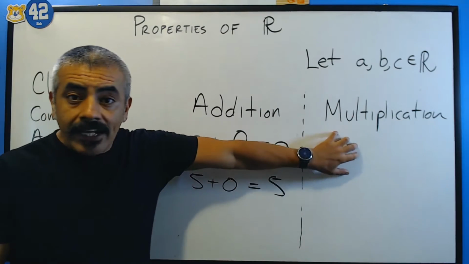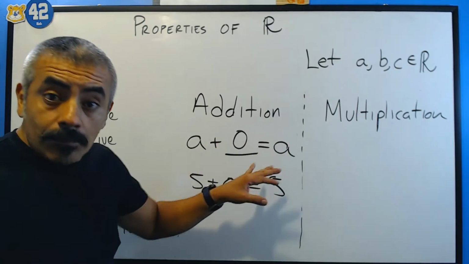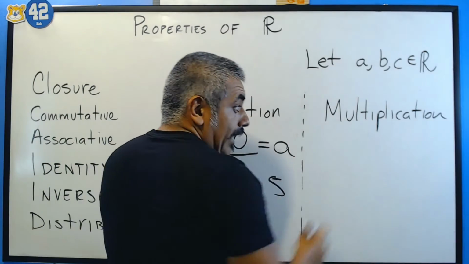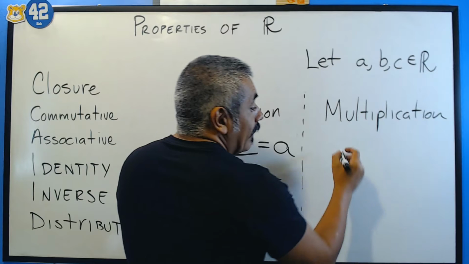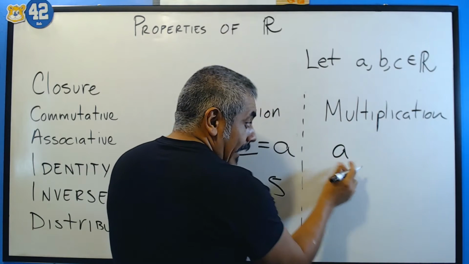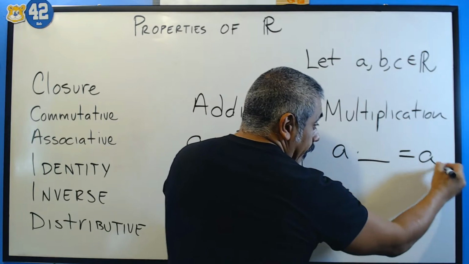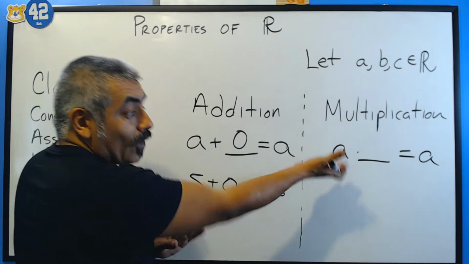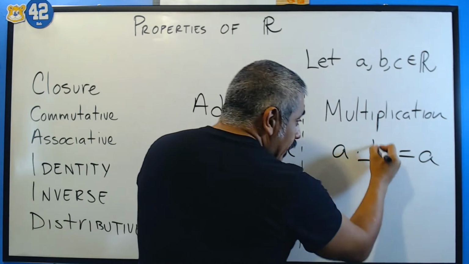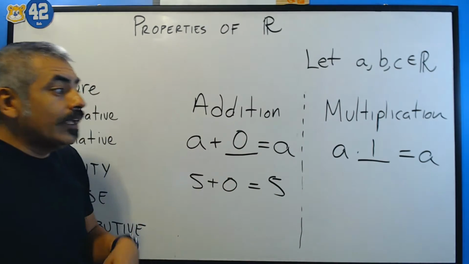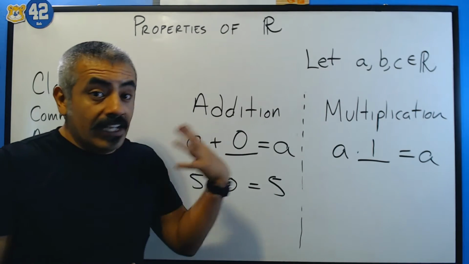For multiplication, it's not the same number. Think about the fact that for multiplication, the identity has to be that whenever I multiply A by some number, I have to end up getting the same thing. And we all know that number is 1. So this is the rule that simply tells you that multiplying by 1 gives you the exact same thing.